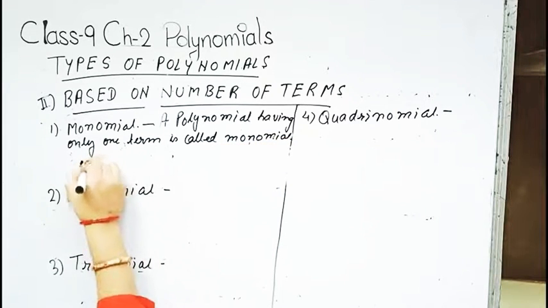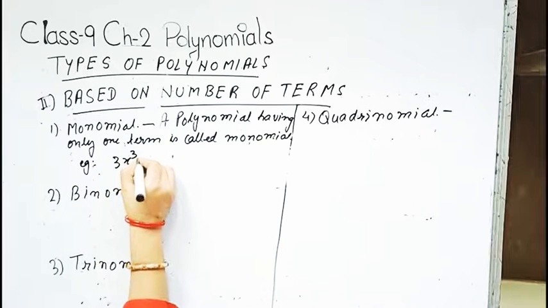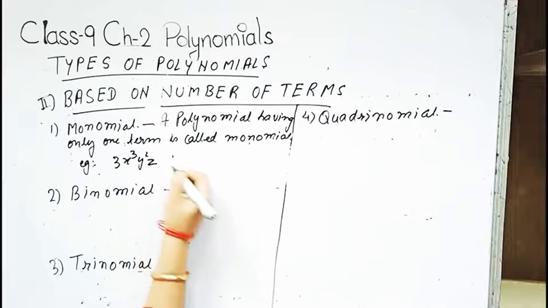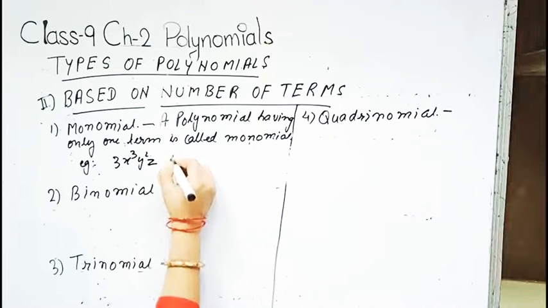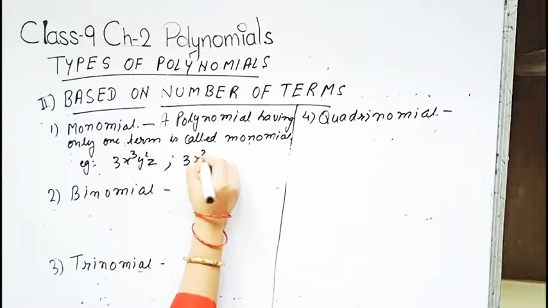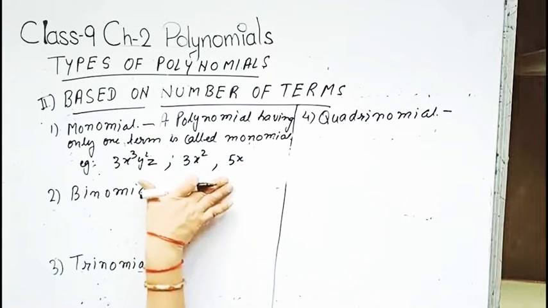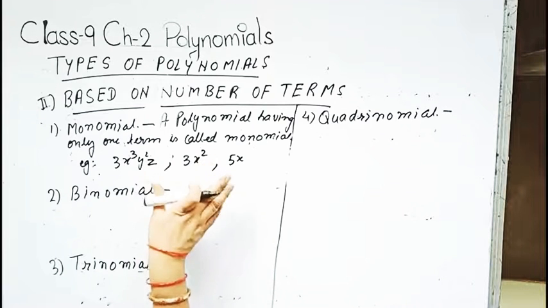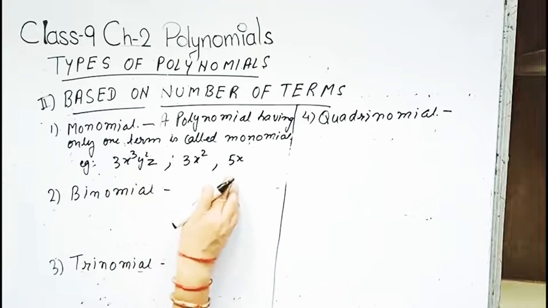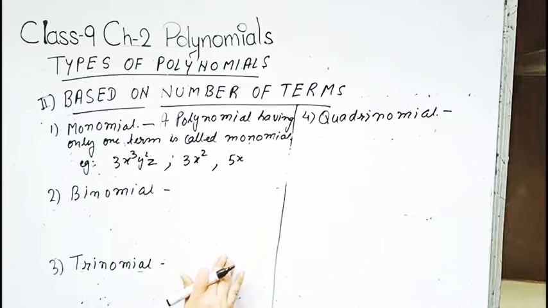For example, 3x cube y square z. Or you can take another example, 3x square, 5x. Any polynomial you take, the number of terms in that polynomial should be 1. If it is 1, that is a monomial.